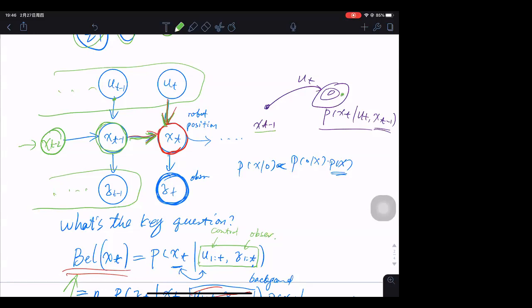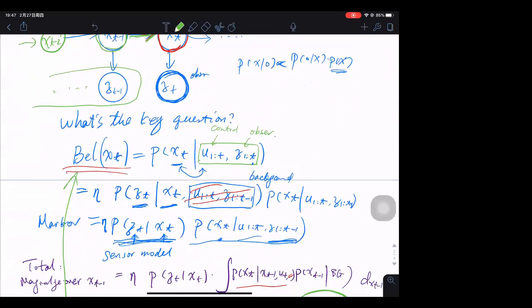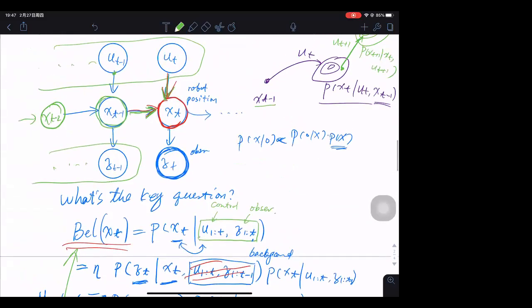And if you know the distribution at t minus 1 and you apply ut plus 1, you will get a new distribution, p(xt plus 1), for the new time, from the previous xt and ut plus 1. So now everything starts to make sense, right? We have the full analysis of how you can do the inference, given the control and all your sensor readings, to a state estimation.